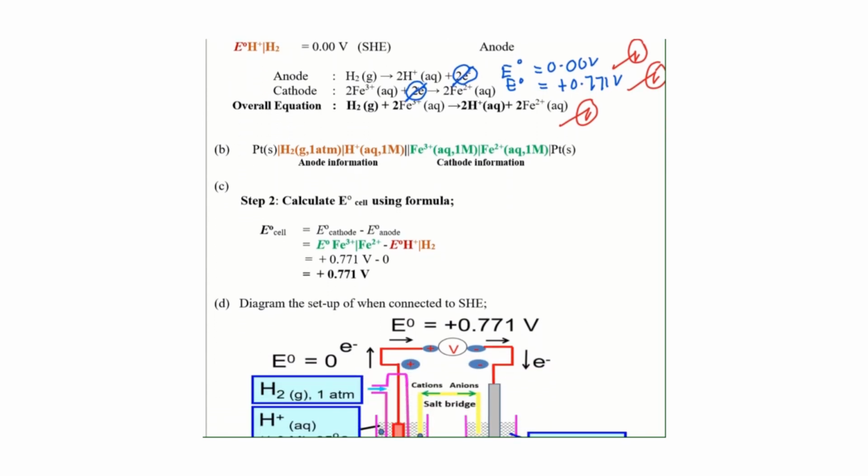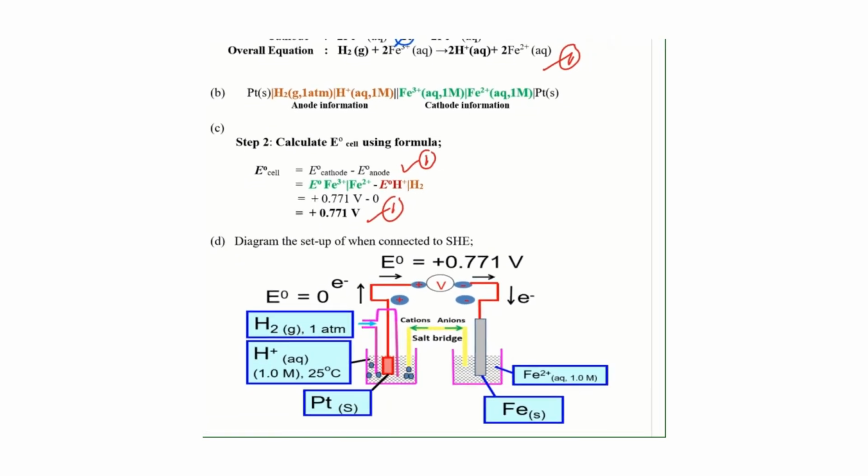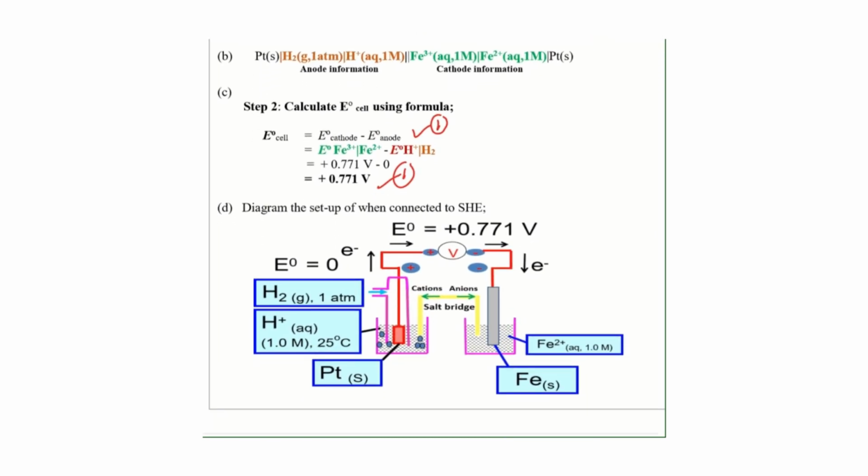C, calculation of E naught cell. Formula 1 mark, and then final answer 1 mark. Diagram as it is. Alright. So now marks here for electrolyte, electrode. Tube for hydrogen.